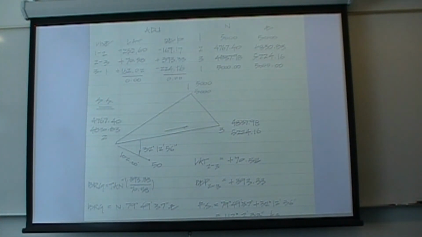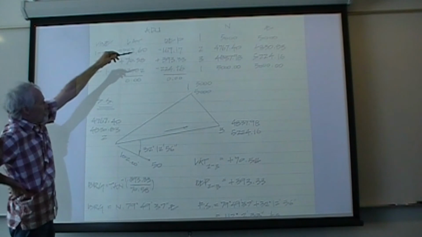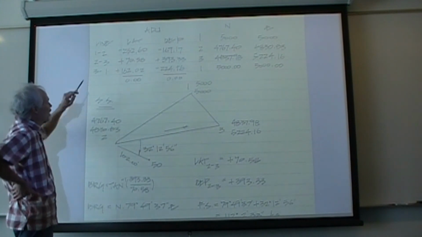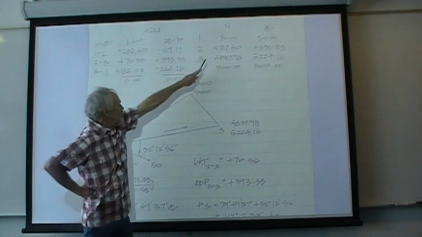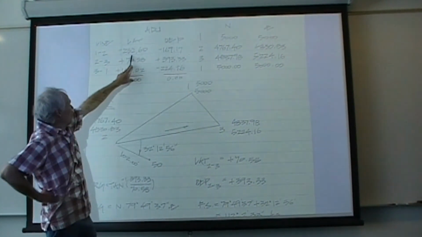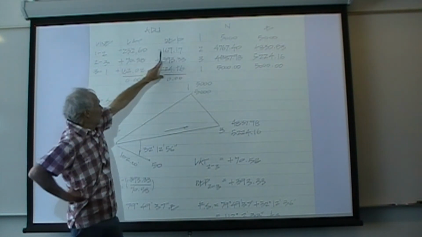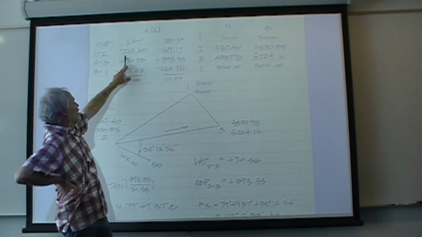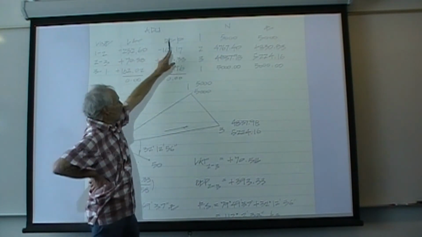So the last step on this is to calculate then the coordinates. Notice we have a starting coordinate starting at 5,000 northing and 5,000 easting. That was given. So very simply in this chart, all you do is you just take the 5,000 plus this algebraically and you write it right here. Okay, so very simple. 5,000 plus the negative 232.60, it gives me this.